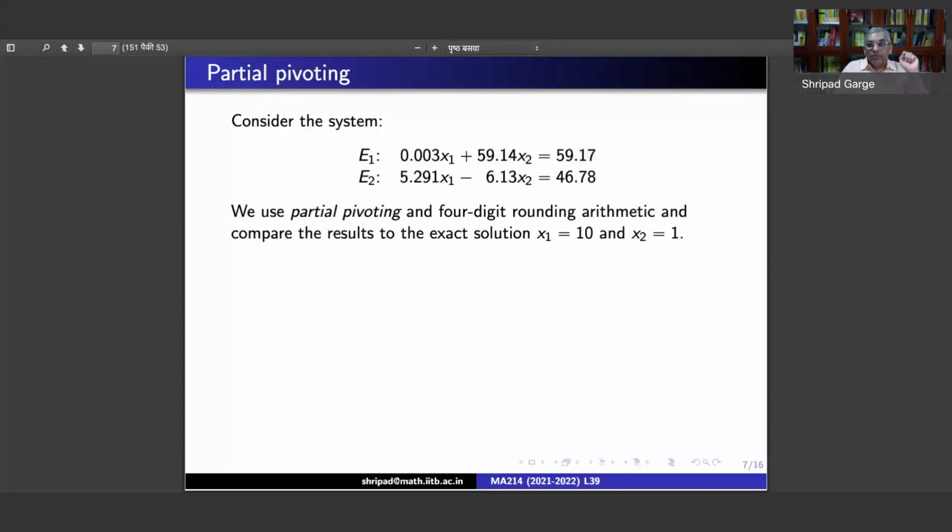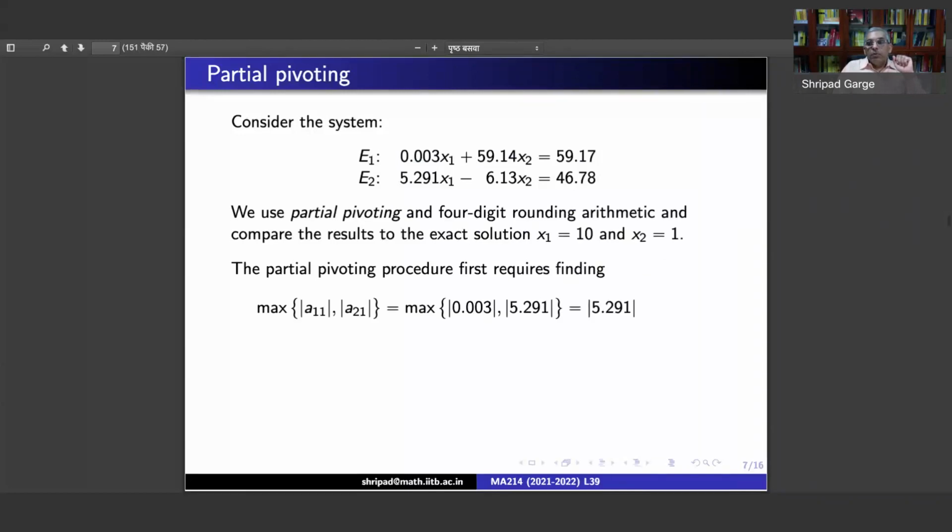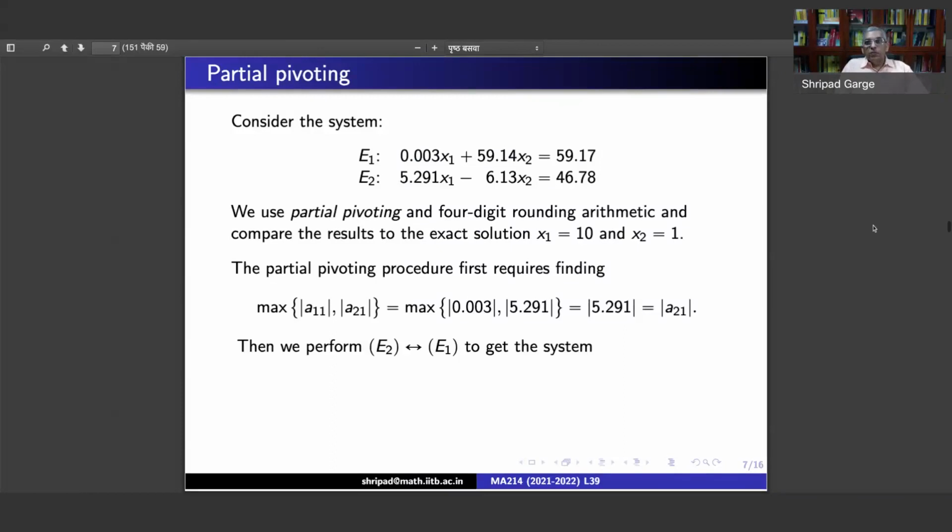So using partial pivoting, we want to find the maximum of mod A11 and mod A21, which is mod A21. So we switch these two entries.